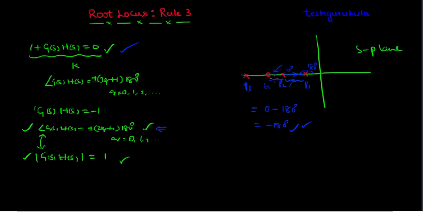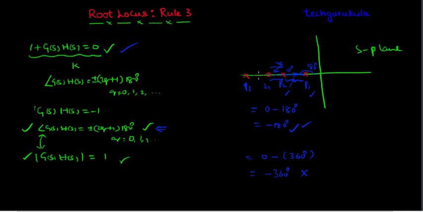If I take a point here, the angle made by P1 will be 180 degrees, the angle made by P2 will be 180 degrees, the angle made by Z1 will be 0, and the angle made by P3 will be 0. So the angle made by zeros, which is 0, minus the angle made by the poles, which is 360 degrees, because one 180 is contributed by P1 and the other by P2, gives minus 360, which won't satisfy the angle condition. So this section won't exist on the root locus.